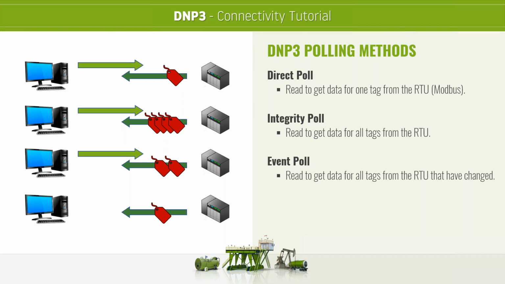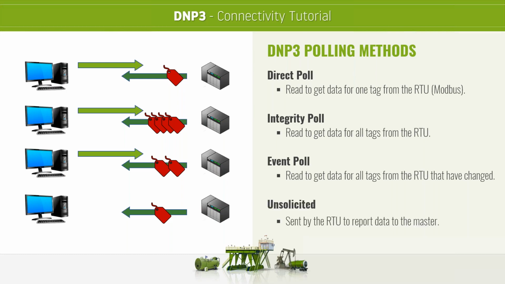So we may have 100 I/O at the site. When we send down the event poll, maybe only 2 of them have changed. So we just get new data for those 2 tags. We don't need the device to send back data for all 100 tags because they haven't changed, and we already have that information from the integrity poll we did. We don't need to get it again.